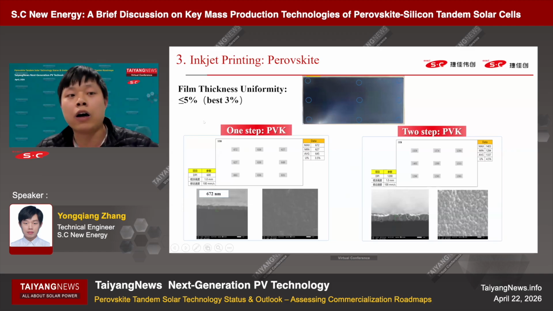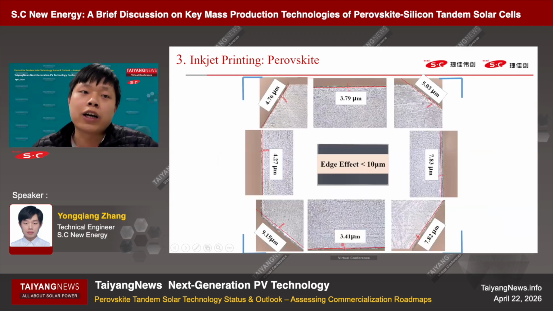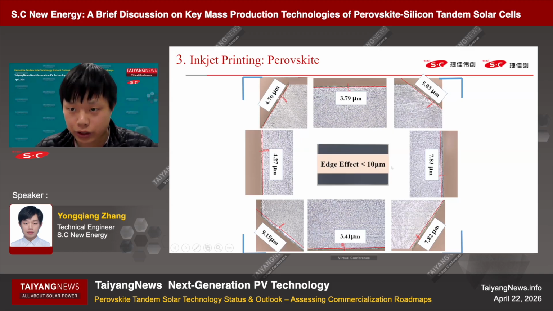It confirms our inkjet printing can fabricate uniform films. We can also use our inkjet printing to control the inkjet effect. According to the result, we can control it to less than 10 micrometers, so it means our inkjet printing is very precise.